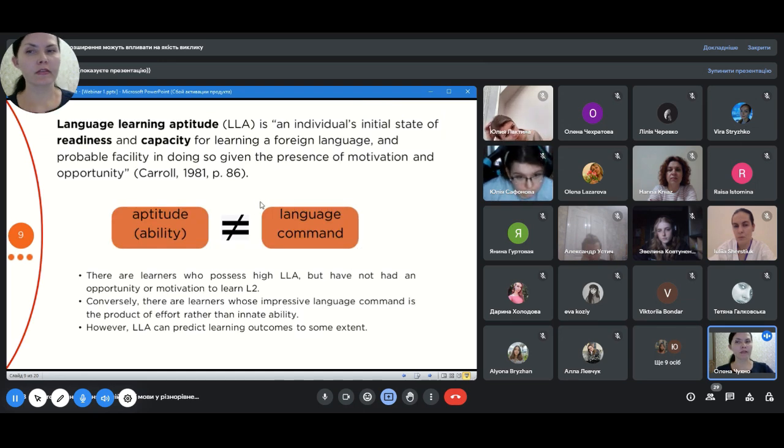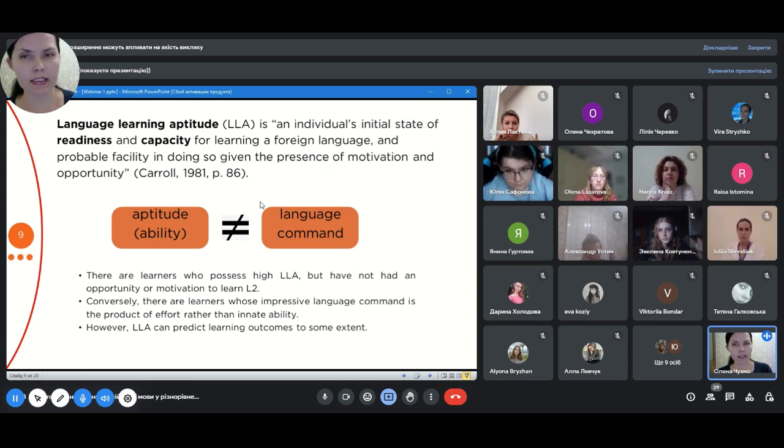Let's look at the definition of language learning aptitude or language learning ability. Language learning aptitude is considered to be an individual's initial state of readiness and capacity for learning a foreign language, and probable facility in doing so, given the presence of motivation and opportunity.